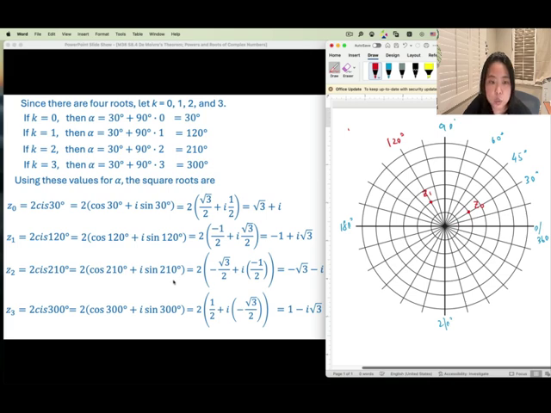And then 210. 210 should be here, 1 to 2 unit here also. That will be Z2. Okay, this point. Last one, 300. So 270, 300 will be here. 2 unit, 1, 2, same idea.